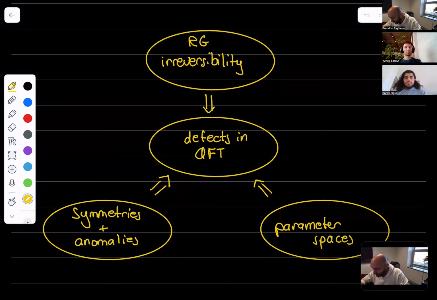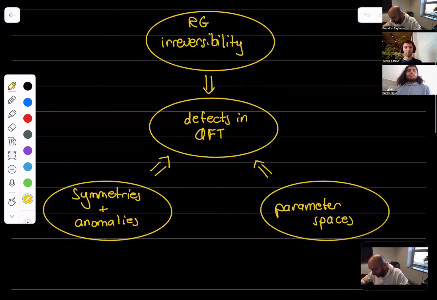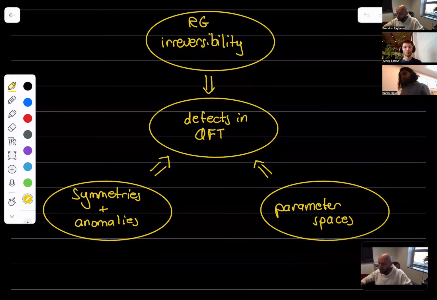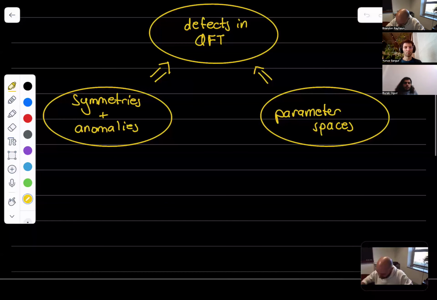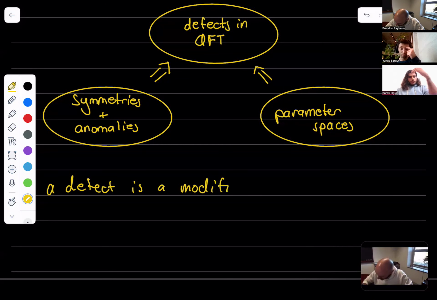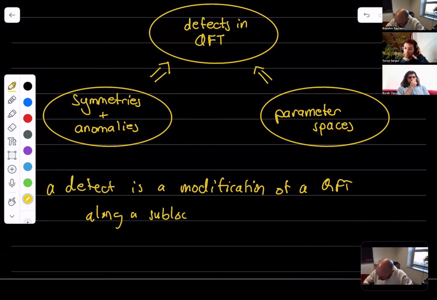Okay, so the first order question I have to address is what is a defect? Concisely, a defect is a modification of a quantum field theory along some locus, a sublocus, of spacetime.